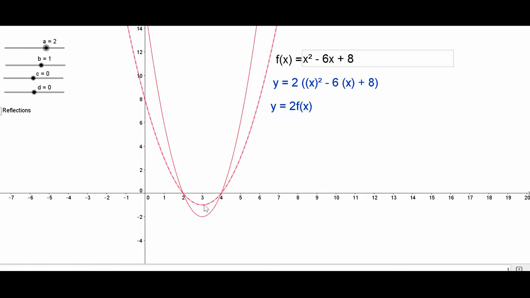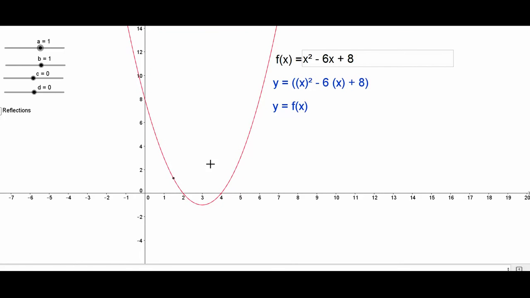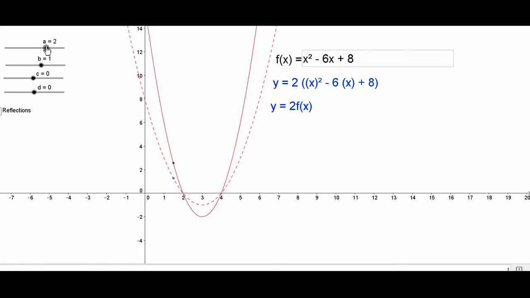The minimum point here is twice as far from the x-axis, and all points are pulled up. If we take this point here, a stretch of factor 2 pulls it up twice as far away from the x-axis.